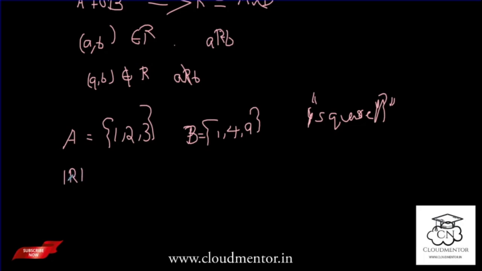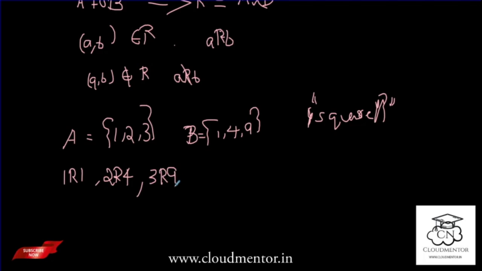1R1, that is here 1 is related to 1, and also 2R4, that is 2 related to 4, the square of 2 is 4, and also we can write 3 related to 9, 3R9.